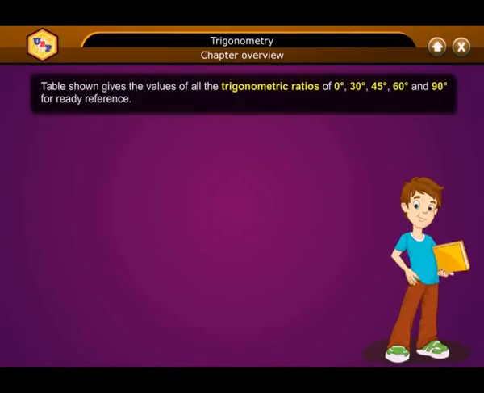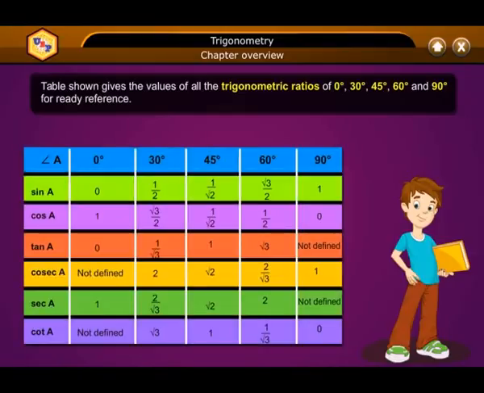The table shown gives the values of all the trigonometric ratios of 0 degrees, 30 degrees, 45 degrees, 60 degrees, and 90 degrees for ready reference. Sin A: 0, 1 by 2, 1 by square root 2, square root 3 upon 2, 1. Cos A: 1, square root 3 upon 2, 1 upon square root 2, 1 upon 2, 0.